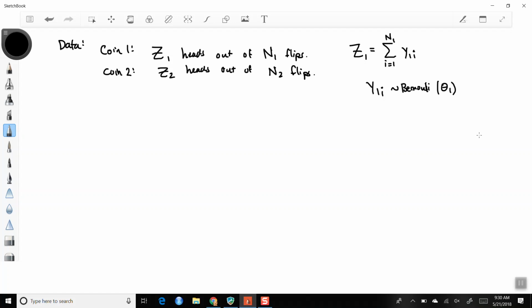And then you get the same setup for coin 2: Y2 comes from a Bernoulli of theta 2, and Z2 is the sum of the Y2s.